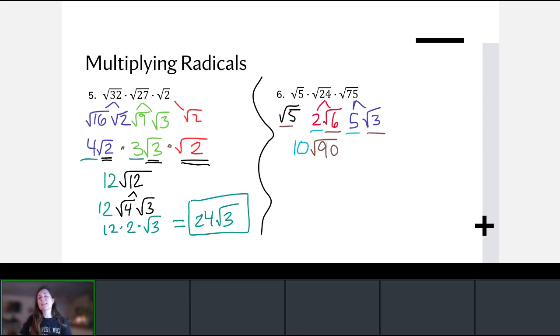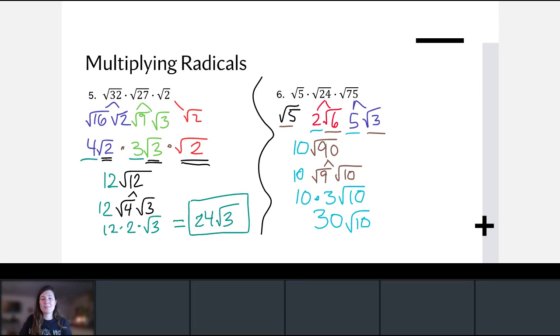Can root 90 be simplified? Yes. The square root of 90 can be simplified as the square root of 9 times the square root of 10. So that 10 out front stays. That square root of 9 is really a 3. So we end up with 30 square root 10.